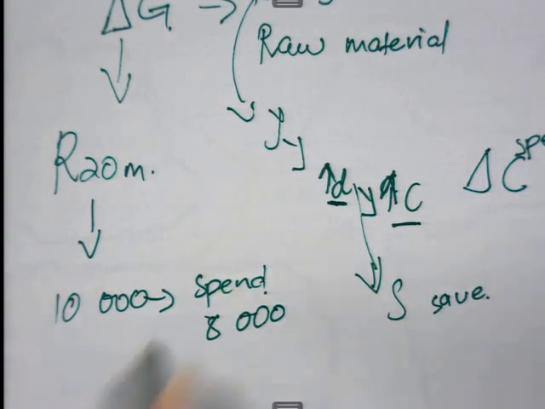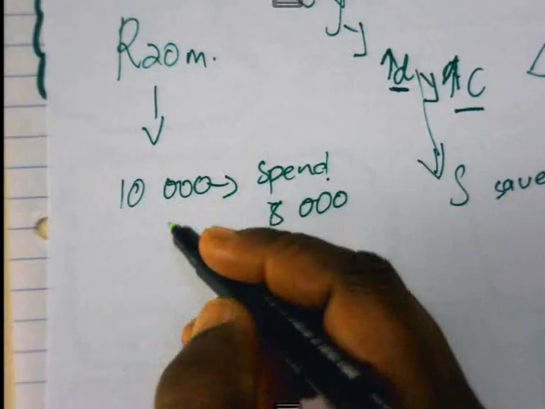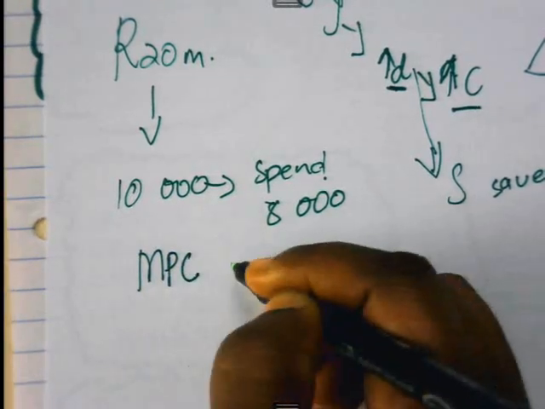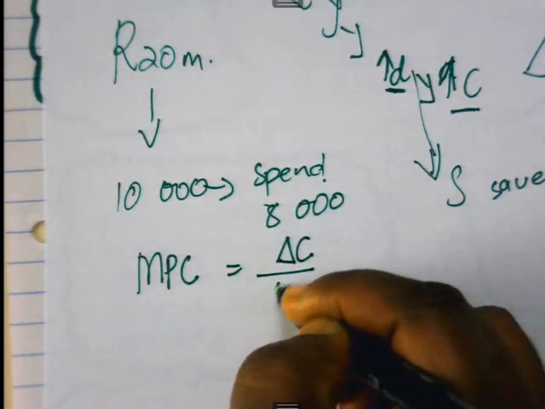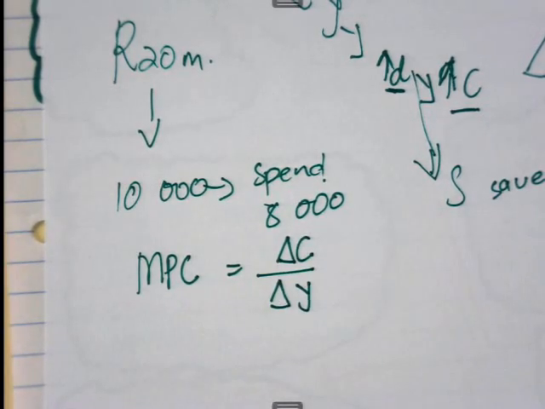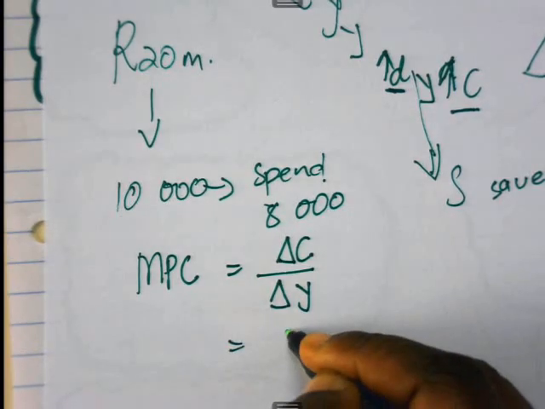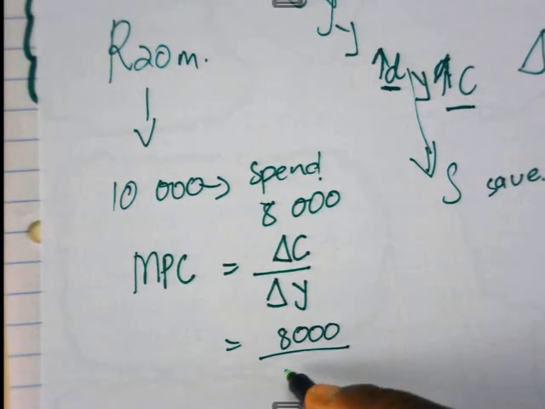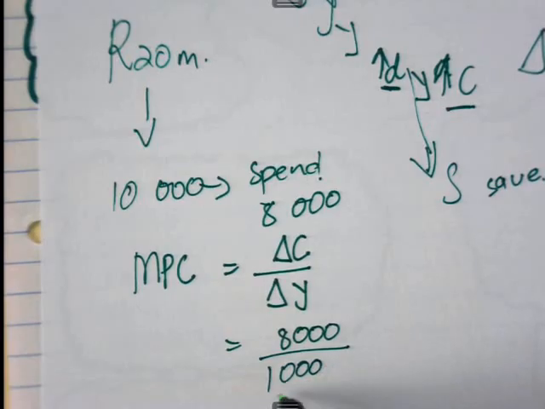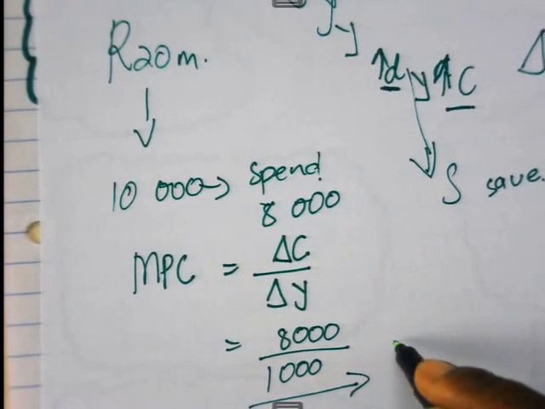The income is 10,000, but the part or proportion this consumer wants to spend is 8,000. So how do we calculate the MPC? Marginal propensity to consume is the change in consumption divided by the change in income. The change in consumption is 8,000, whereas the change in income is 10,000. And then we get the answer there.